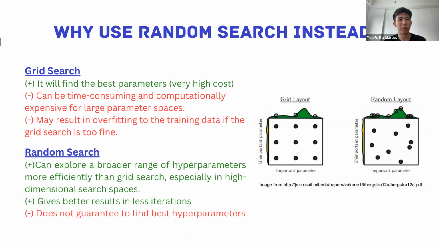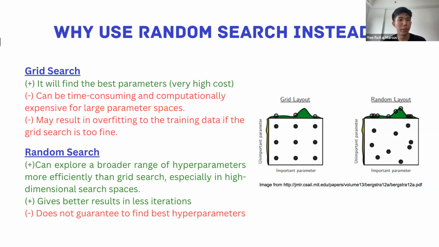But then again, if you look at the pros and cons between grid search and random search, since random search does not search through every single possibility, it does not guarantee to find the best hyperparameter as compared to grid search. So it ultimately depends on your overall aim of this project.